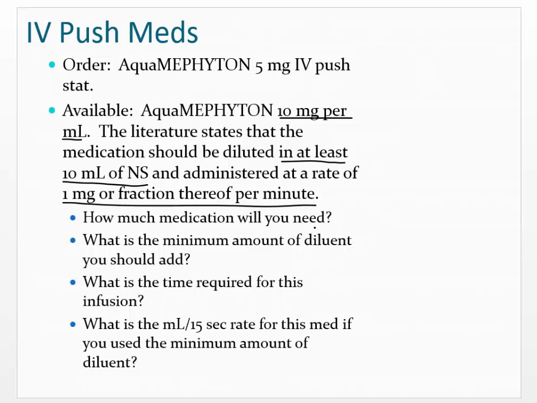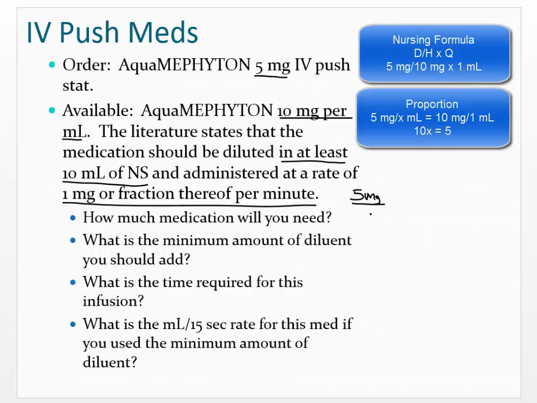How much medication will you need? Well, my order of medication is 5 milligrams. I'm going to set this up with dimensional analysis again, but you could use the nursing formula or a proportion if you desired to. I want to convert this to milliliters, and I have the strength of my med, which I underlined, so I put 10 milligrams on the bottom, and I put 1 milliliter on top, and that way my milligrams will cancel out.